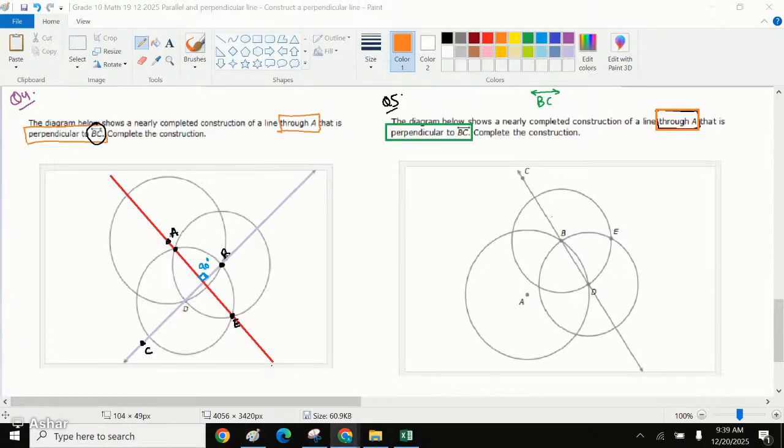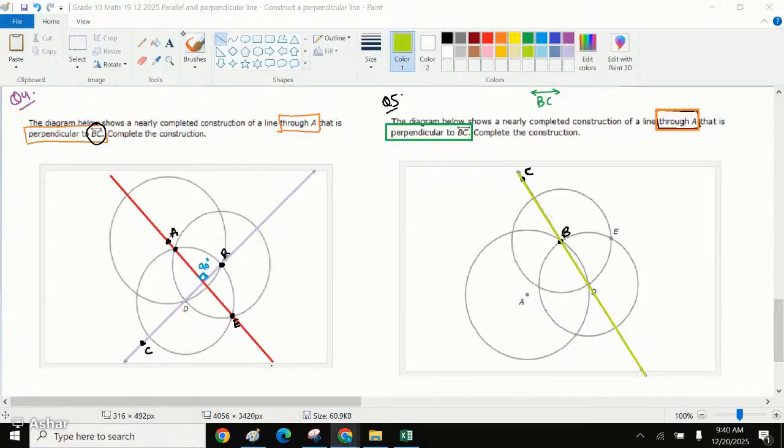The first thing is, whatever line it is perpendicular to, we find those points first. We highlight the points B and C. We say this is point B and this is point C, right? So we make the line first, passing through these 2 points. Can we say this is the line B and C?